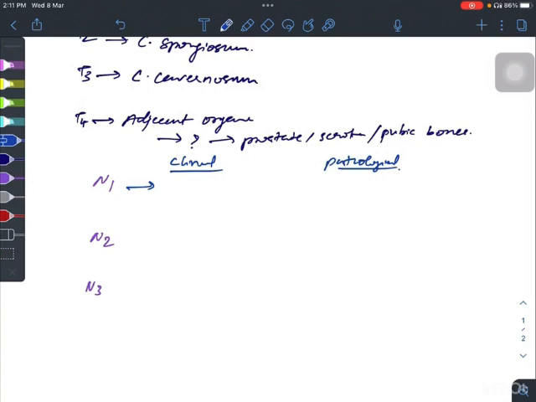In nodal staging, the side and the fixity of the node is taken into consideration. So coming to N1, it will be ipsilateral and mobile. Clinically, N2 it will be bilateral and mobile. N3 it will be fixed or pelvic node.